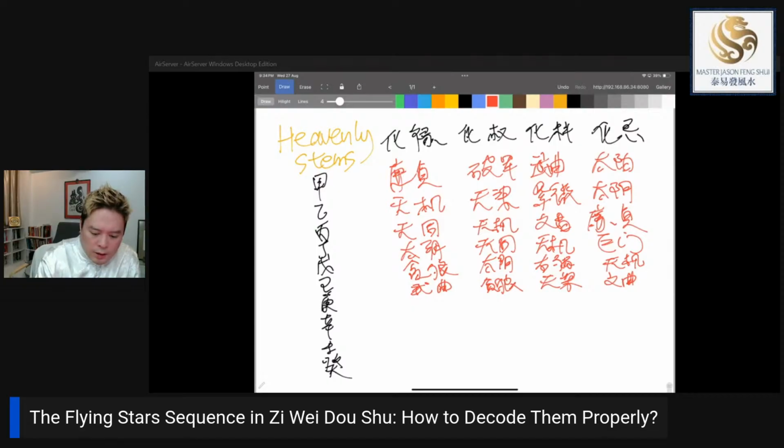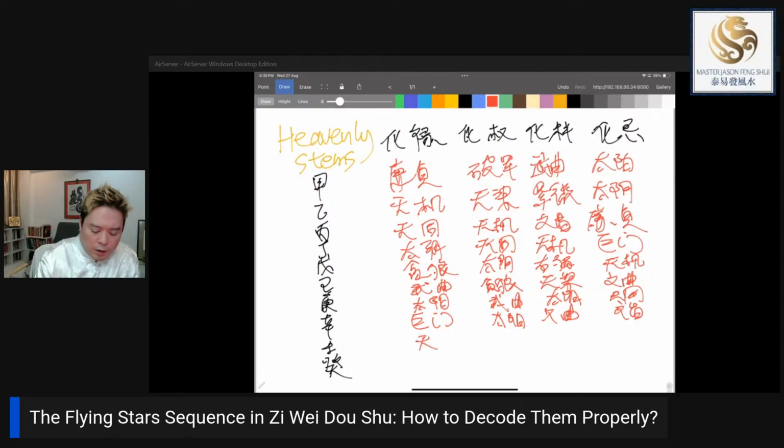And then for Geng, we have Tai Yang Hua Lu, Wu Qu Hua Quan, Tai Yin Hua Ke, Tian Tong Hua Ji. Subsequently, for the Xin heavenly stem, we have Ju Men Hua Lu, Tai Yang Hua Quan, Wen Qu Hua Ke, and Wen Chang Hua Ji.